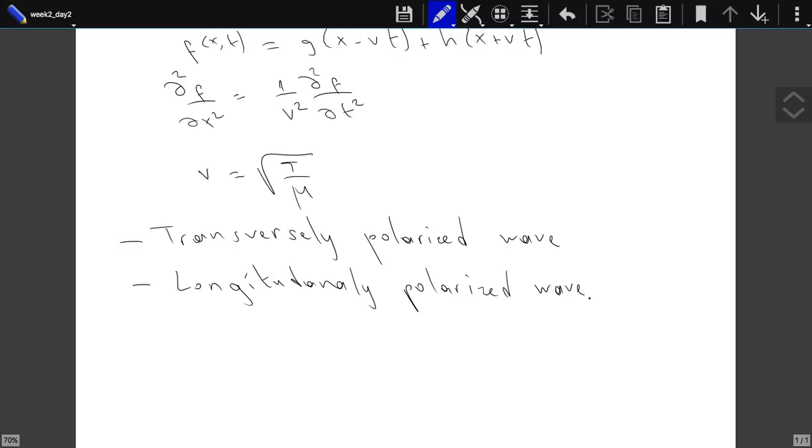If this oscillating electric field, let's say at a given point, is perpendicular to the propagation of the wave, then we will say it's a transversely polarized wave. If it is in the direction of the wave propagation, then we will call it a longitudinally polarized wave. So these are the definitions, the concepts, the terminology that we will be using when we are discussing electromagnetic waves.